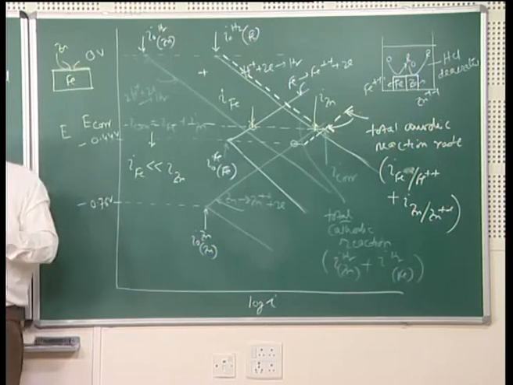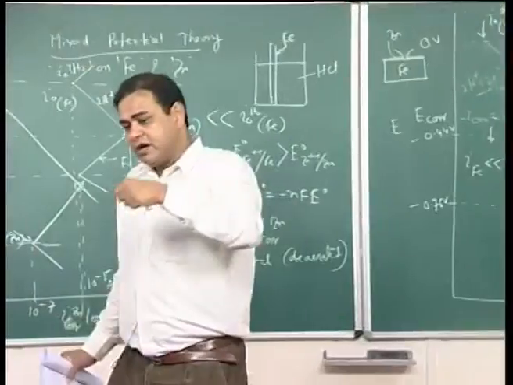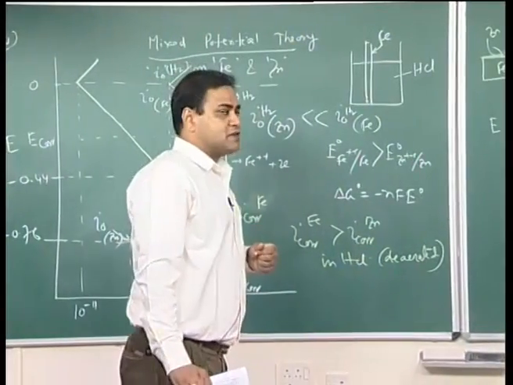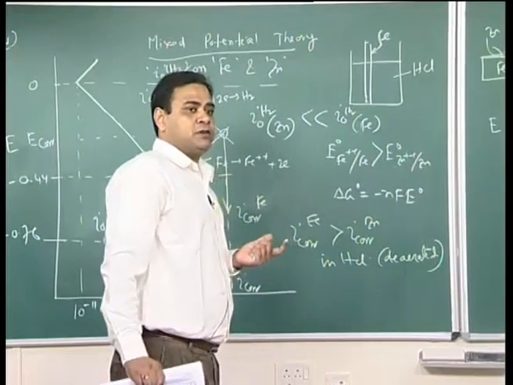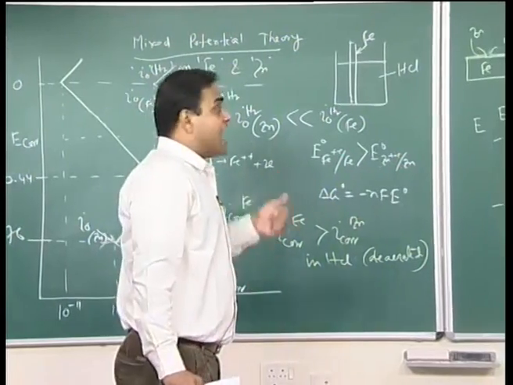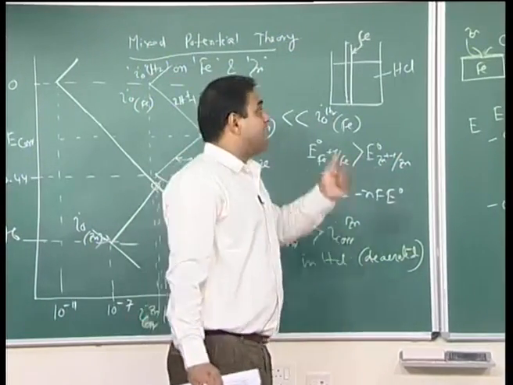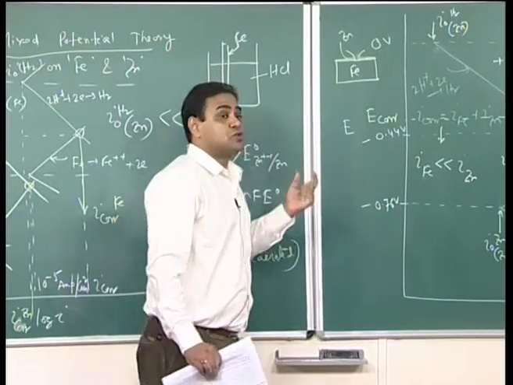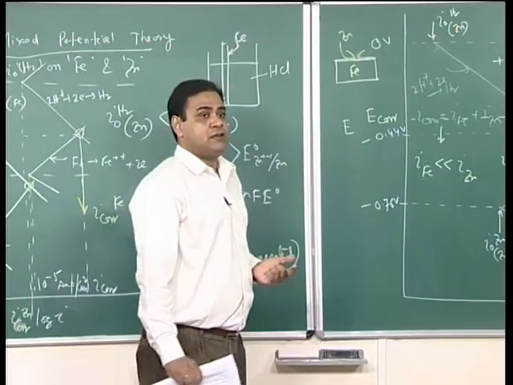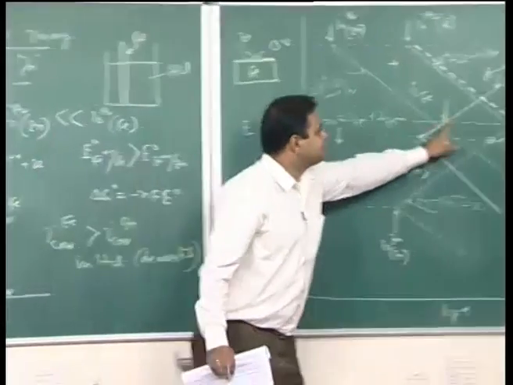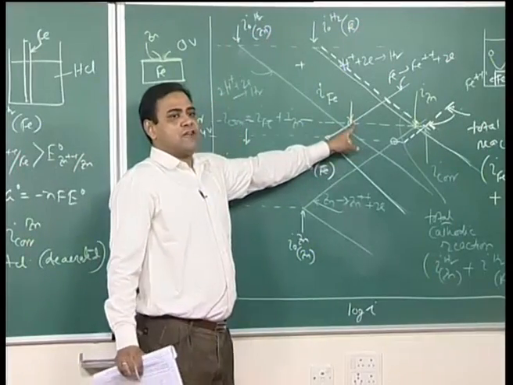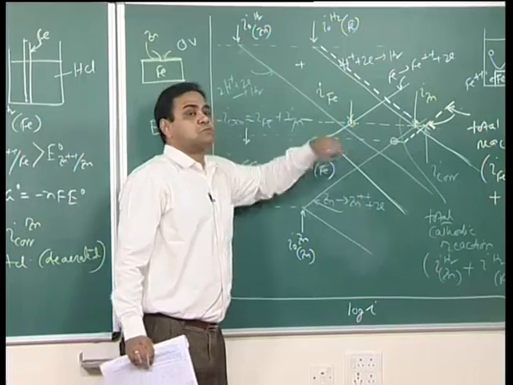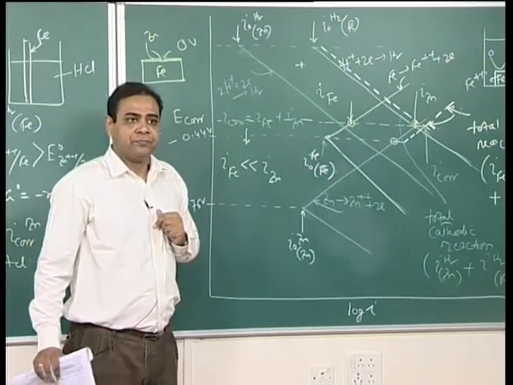It is said that whenever you have zinc coating on iron surface, iron corrosion is stopped. It is a wrong statement. Iron corrosion does not stop; rather, iron corrosion is controlled. That means iron corrosion rate is reduced to a great extent, but it does not stop, because we still see some anodic current, and this anodic current corresponds to the iron dissolution. Okay.